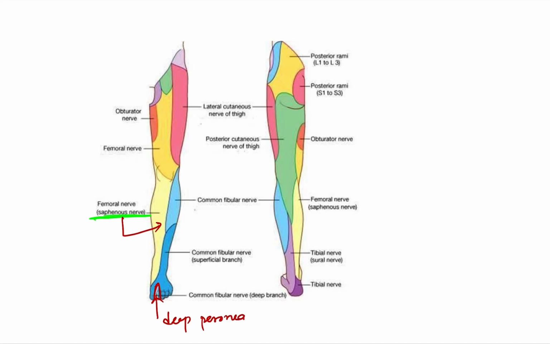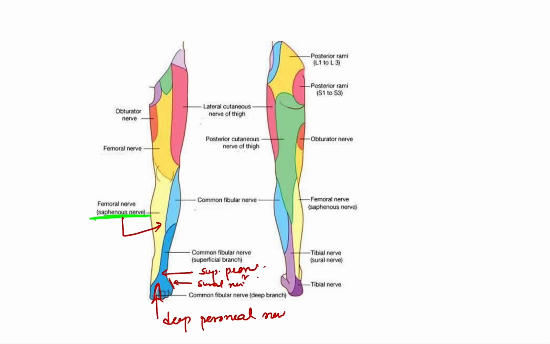This is supplied by the common fibular or peroneal nerve. The superficial branch of this is supplied by the superficial peroneal nerve. And the extreme lateral aspect is supplied by the sural nerve.